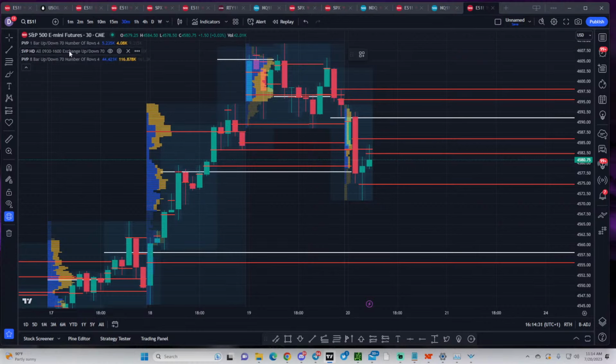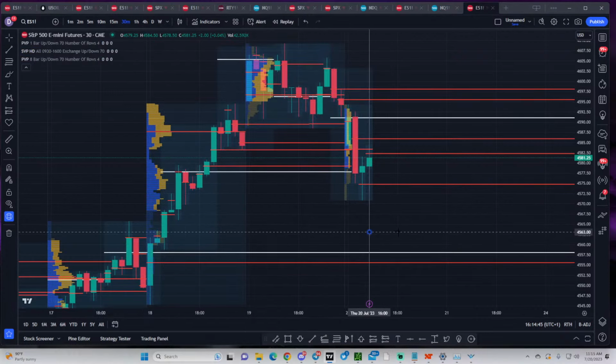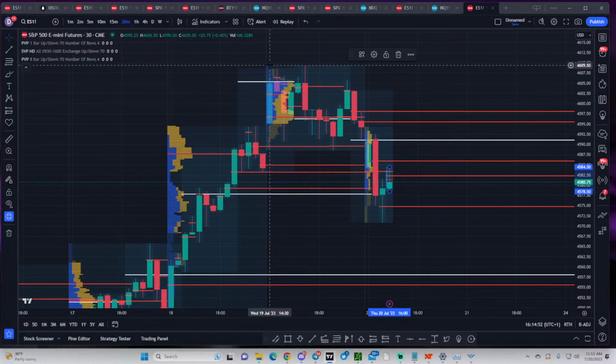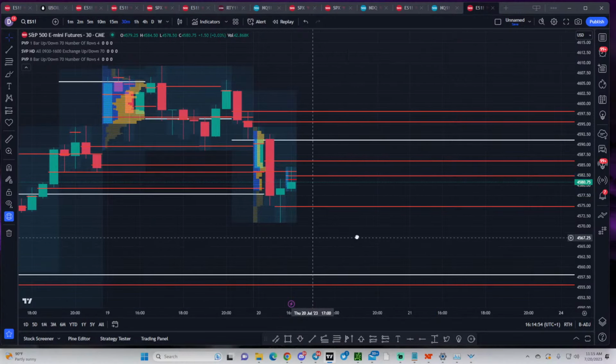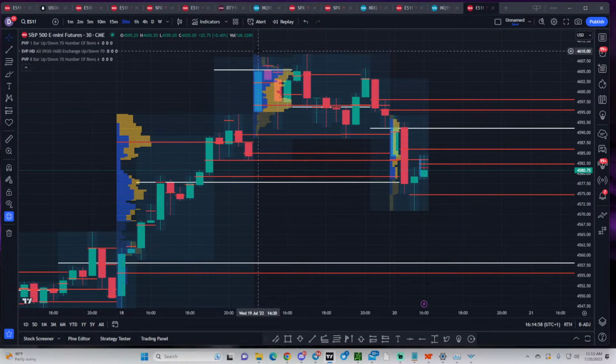Session. Here are the settings right here. Here's the volume profile. And all we need is, on this volume profile, we need the POCs. So these ones are volume profiles for the sessions. As you can see, this is the volume profile for this session. This is the volume profile for yesterday's session.